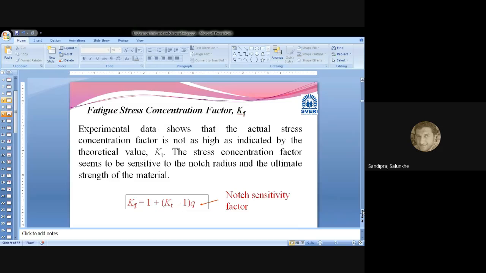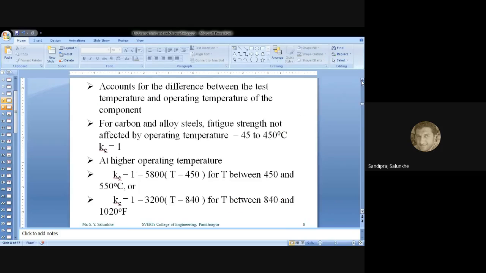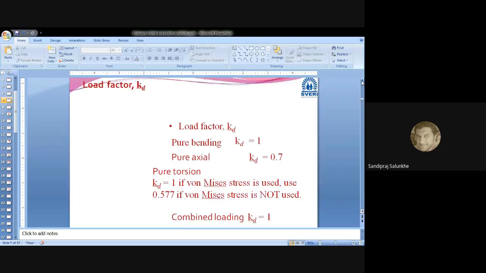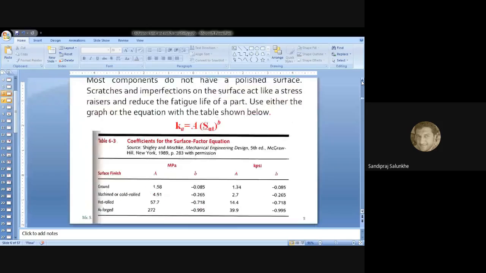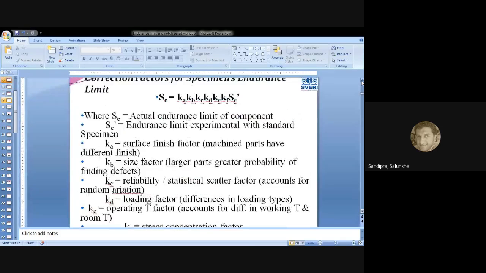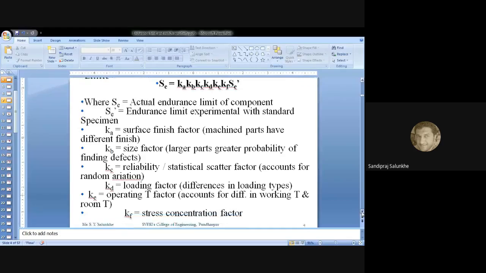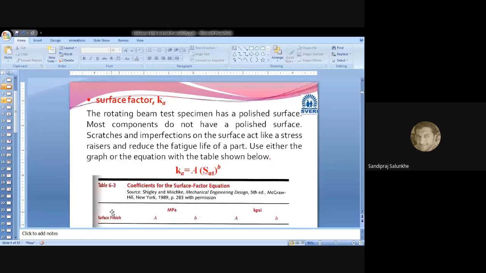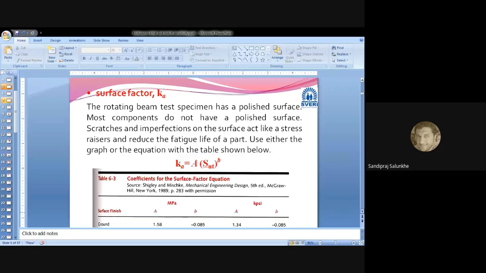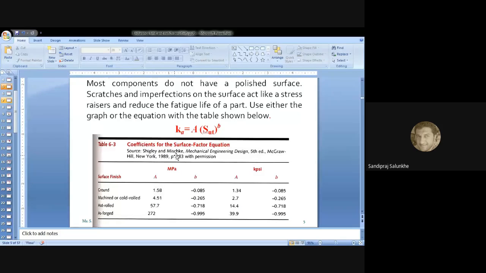Temperature factor and fatigue stress concentration, where the reliability factor is. For the reliability factor also, such a type of table will be produced. Okay, so we are going to take the reliability factor into account.